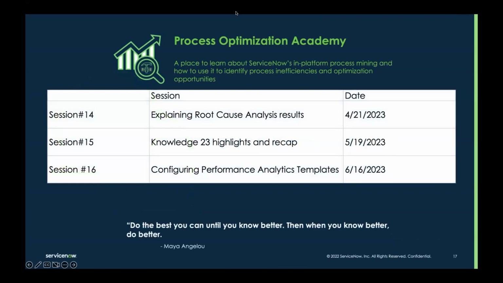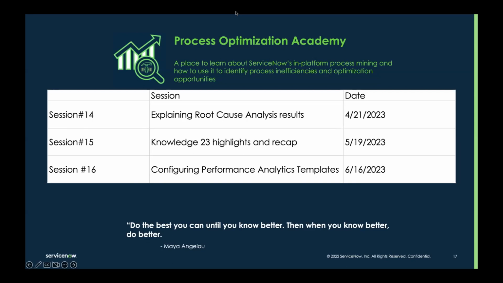Good. All right. Last couple of things. One, next month's session, we're going to be explaining root cause analysis capabilities. As part of process optimization, there's a machine learning based capability called root cause analysis that shows you some of the leading influencers around inefficiencies inside of a given workflow or based on a certain set of criteria transitions that you've isolated the map down to.